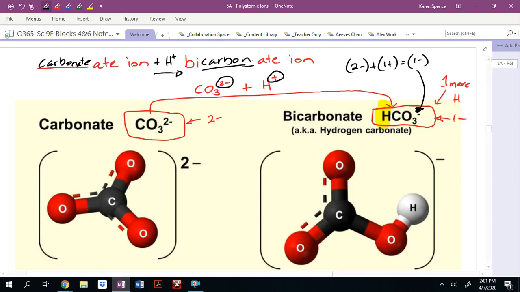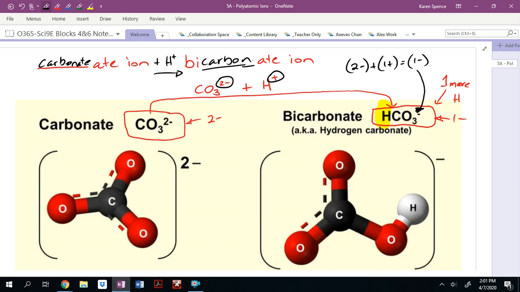Now, do you need to memorize this? No, you don't. You're going to have a lovely sheet. If I was able to photocopy it for you, it would be green, but it will be available on our team site after this lecture, okay? So you don't need to memorize it because all you'll do is look on your table of common ions. It will be under C for carbonate, and it'll say CO3 2 minus.